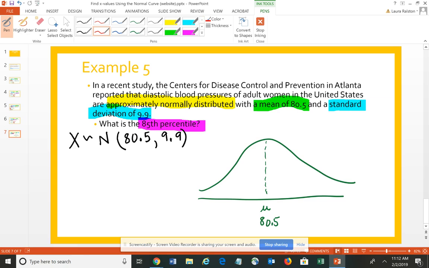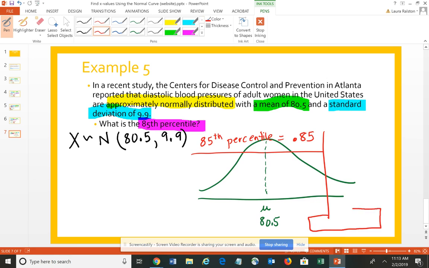So from the beginning to the mean is 50%. So 85% is going to be somewhere over here, and by definition, that's below. So this would be the 85th percentile, which writing 85 as a decimal would be 0.85. So we're looking for this cutoff score.